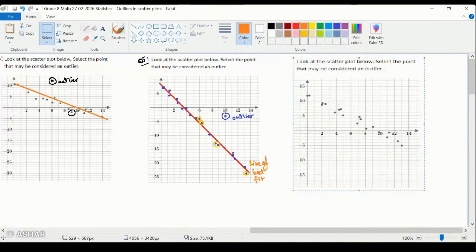In question number 6, if these points were given to us and they want us to find an outlier, can we draw a line of best fit? Remember one more thing. Whenever we are trying to draw a line of best fit, and let's suppose we need to find the gradient, right? Or the slope.